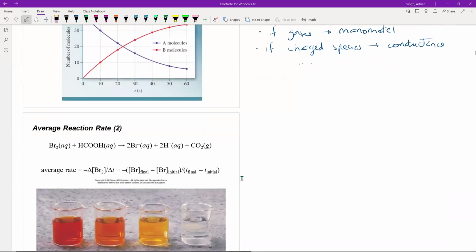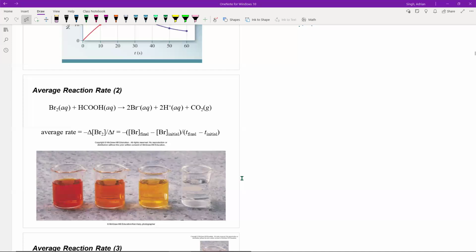So if we take a look at a specific example now, rather than a generic A turning into B. Here we have the reaction between bromine, Br2, a diatomic molecule in aqueous solution, reacting with what looks like methanoic acid or formic acid. To produce our products, we get the bromide ion, we get protons, and then we get CO2 gas.